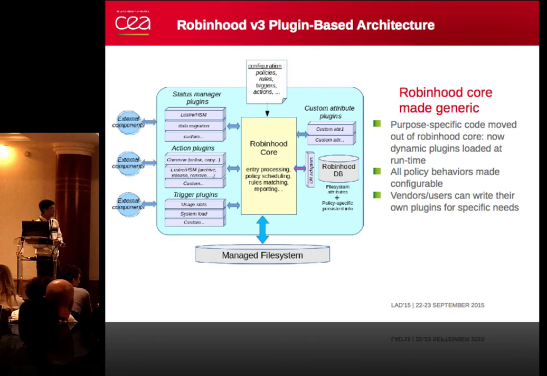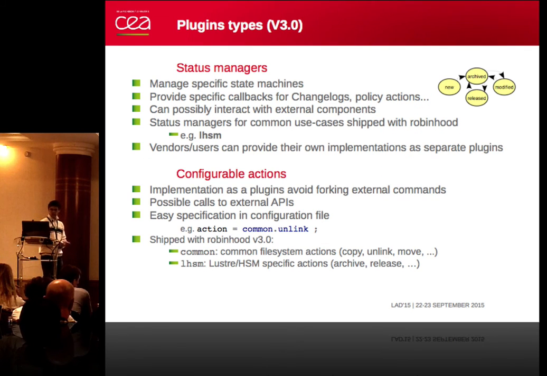So here we can see different kinds of plugins that I will describe now. In 3.0 there will be two kinds of plugins, and you will see that in the next versions the goal is to pluginify everything. The first kind of plugin is the Status Manager.